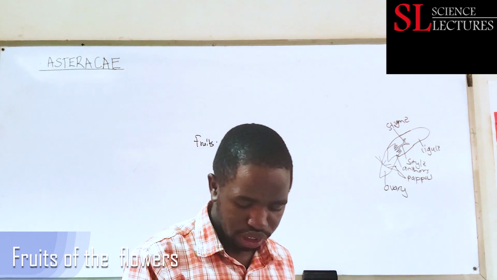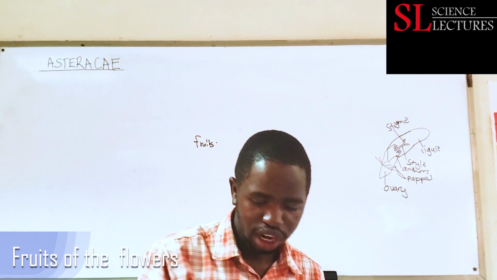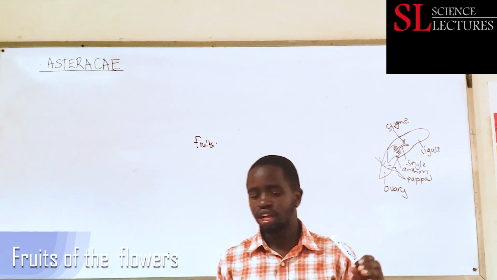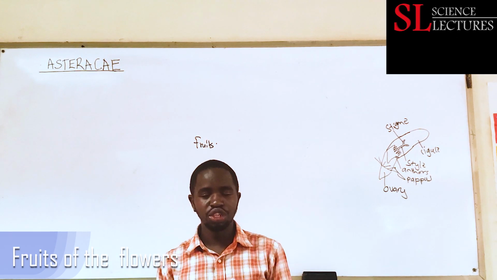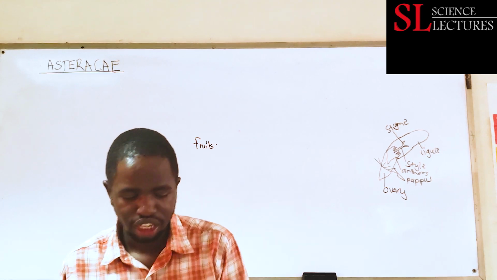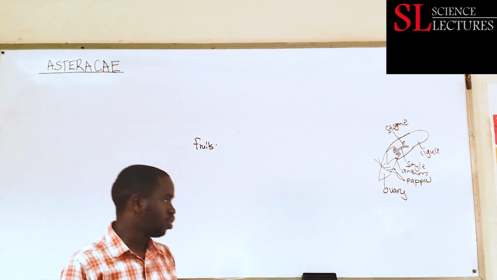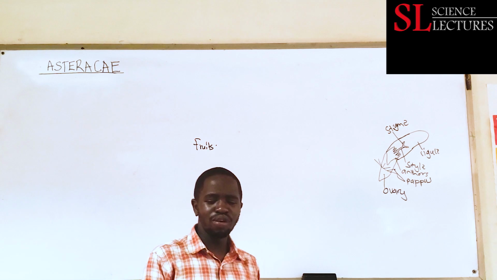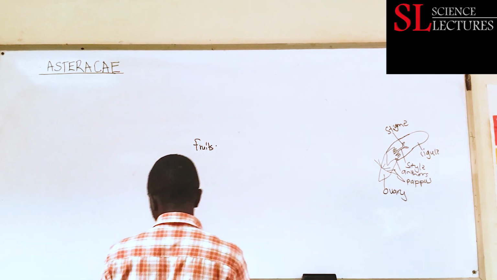So members of Asteraceae can form homogamous fruits, a fruit from one type of flowers. However, they can also form what we call heteromorphic fruits.